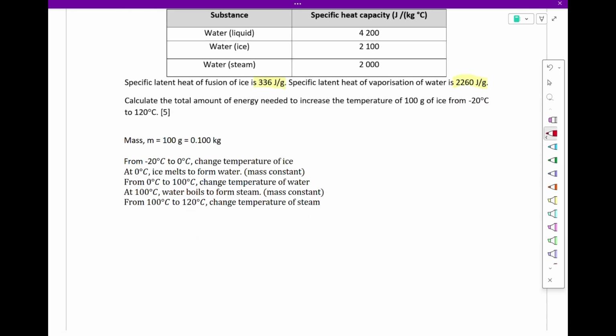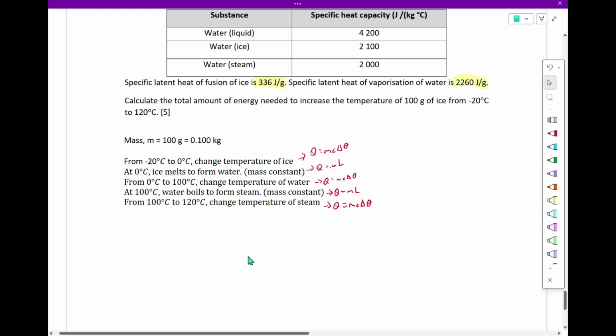Each and every one of them corresponds to one formula each. Okay, so if you want, you can actually do it in one shot. Okay, but to simplify things and make things clearer, I'm going to do it one by one.